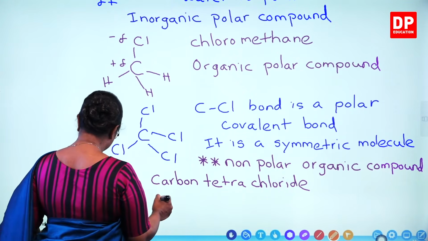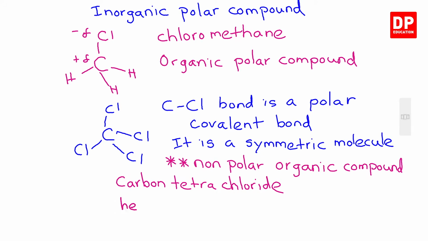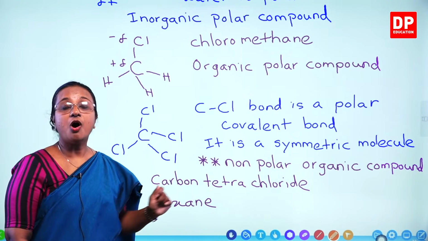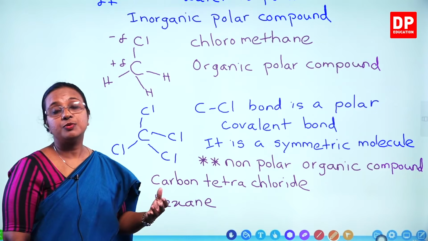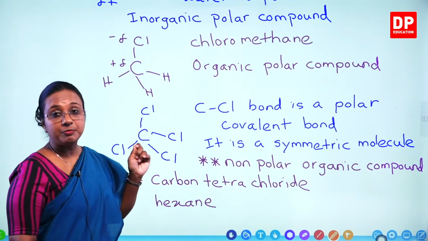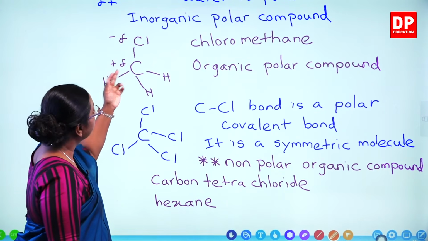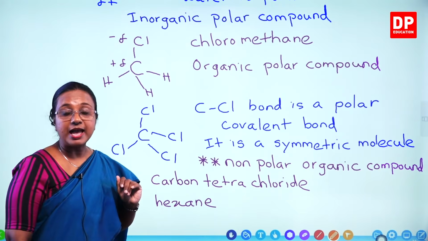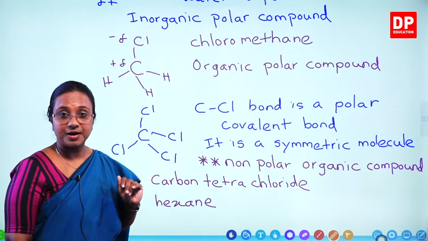Hexane is another example. These are all examples of organic non-polar compounds. So we have looked at an inorganic polar compound and an organic polar compound. Now we have an organic non-polar compound.